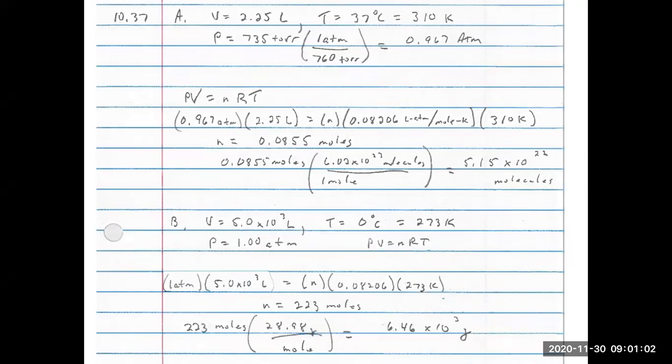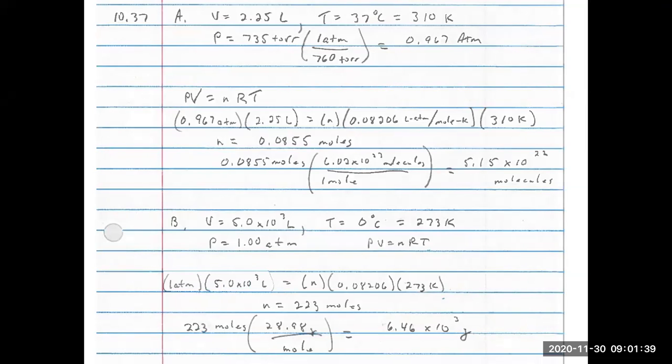So for now we're going to solve for the number of moles, and then convert later into molecules. So n is the number of moles we're trying to find. Next we have R, and our constant value is 0.08206. And finally, temperature in Kelvin is 310. If we plug those numbers in and solve for n, we get 0.0855 moles.